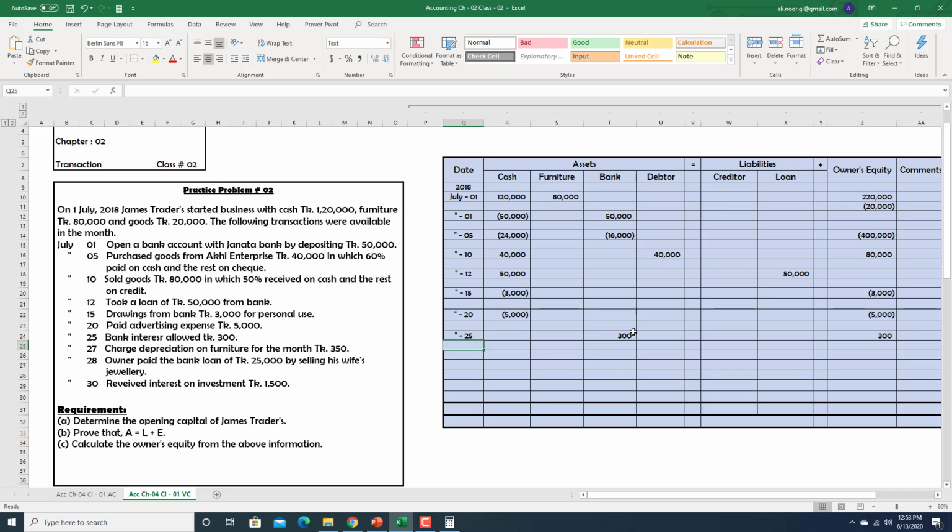So let's write in here 27, it will reduce furniture by 350 taka, and it will also reduce owner's equity, minus 350 taka.